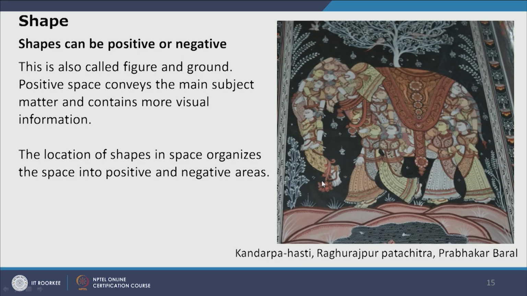That is the figure, and as a background we can see the black background which has a tree and a lot of floral ornamentation, which acts as the background or negative space. So the positive space is the elephant and the negative space is the ornate background, colored in black and gray.